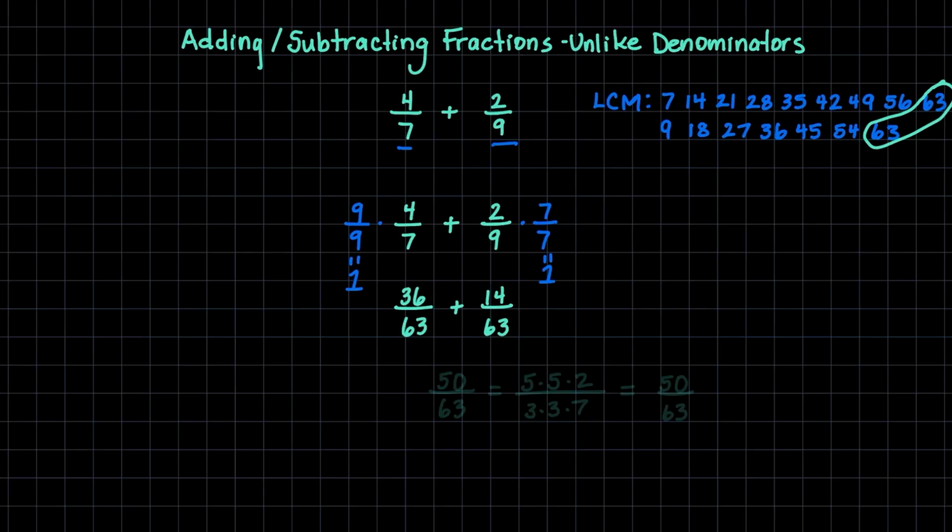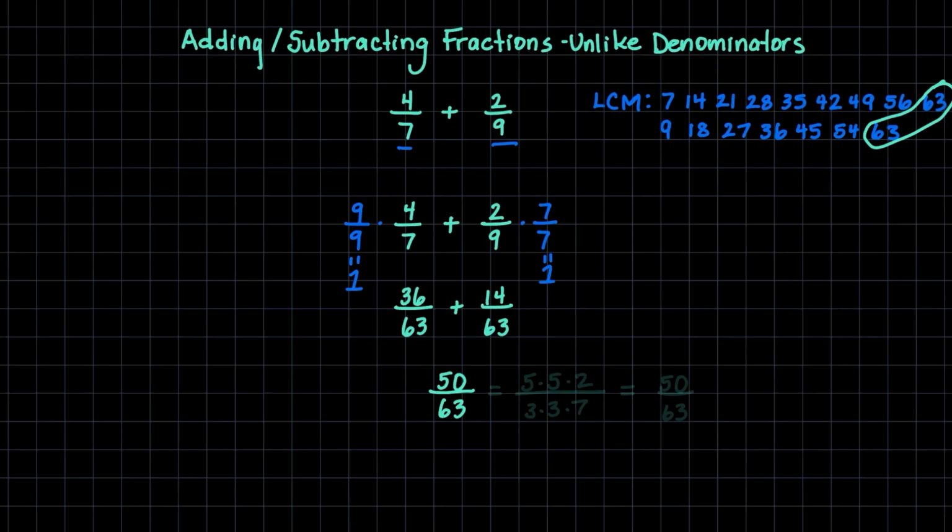Now I'm adding things that are the same size, and because they're the same size, we can combine them. 36 plus 14 is 50 of these pieces. So our final answer is 50 over 63.